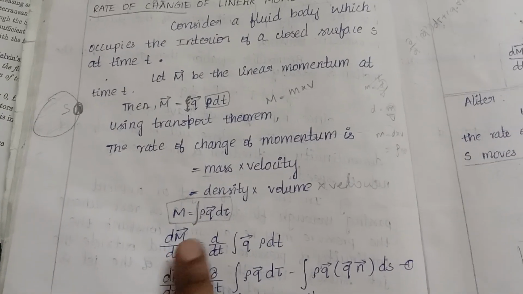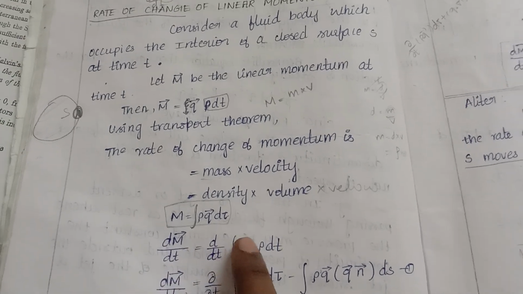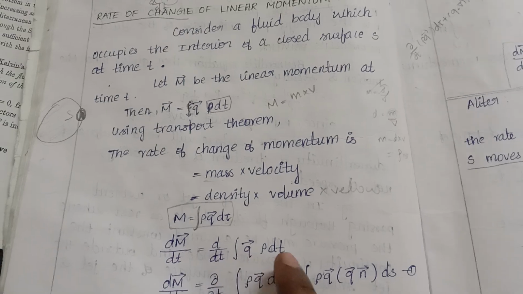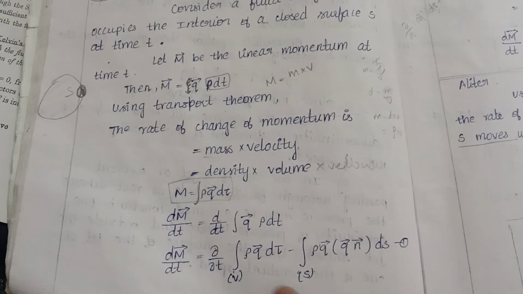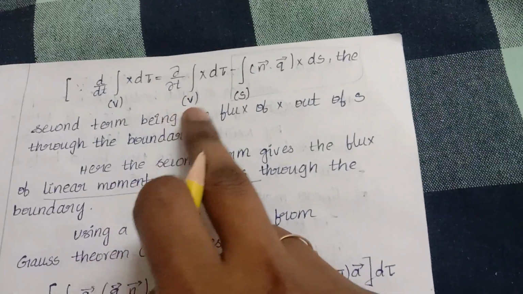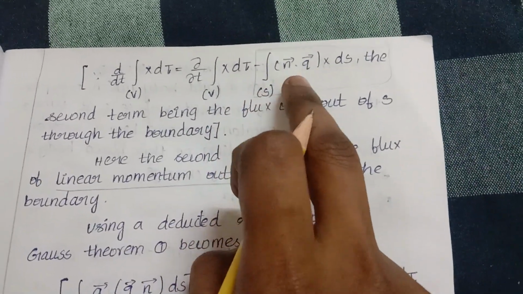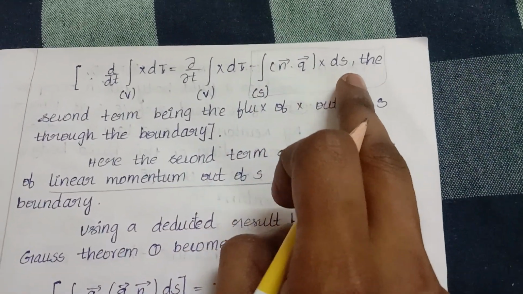So we take dm vector by dt, that is d by dt of the integral of rho q vector d tau. By the transport theorem, d by dt of the integral of chi d tau can be written as the integral of dou chi by dou t d tau minus the integral of n vector dot q vector chi ds.